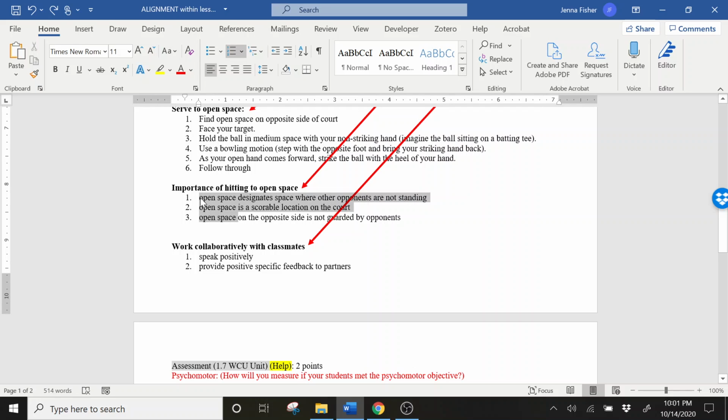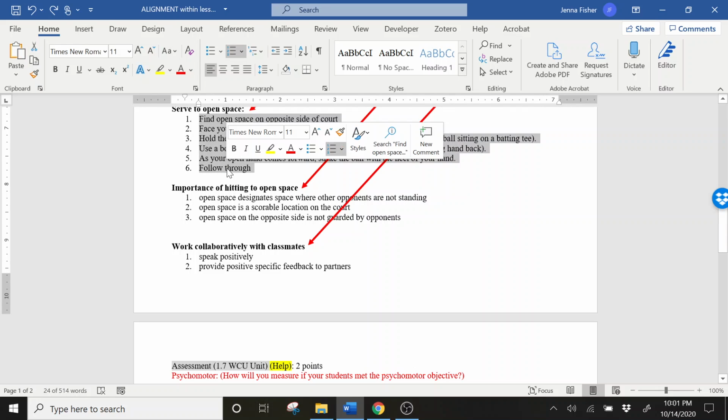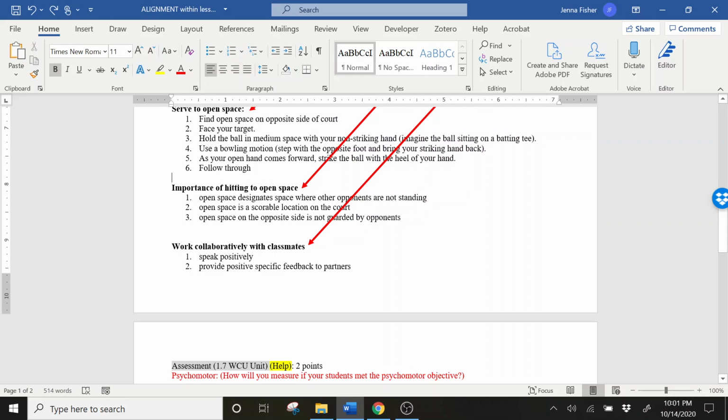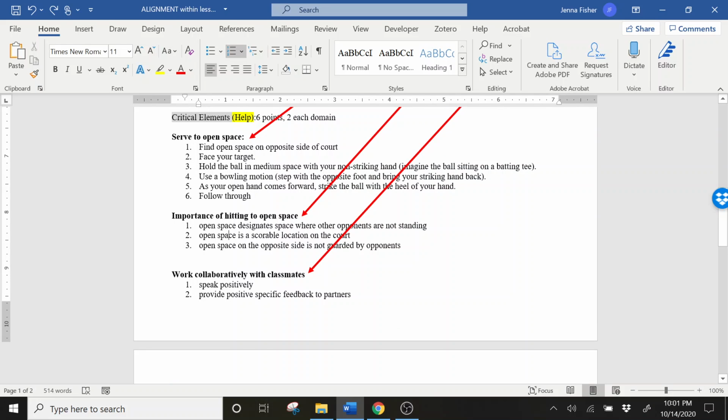Notice that my cognitive and my psychomotor objectives and the critical elements have between 3 and 5. This one having 6 really is too many, but I'm combining two elements here: the skill of serving and the importance of hitting to open space. So I do have 6 here, but really you want 3 to 5.